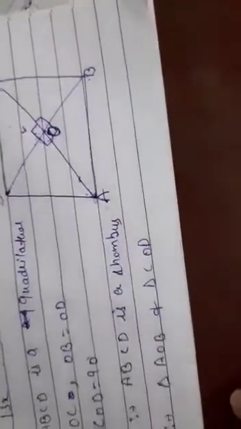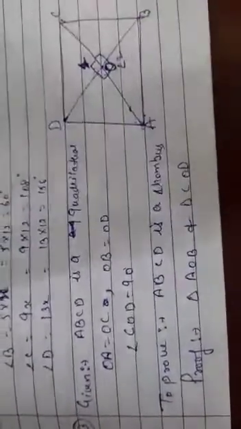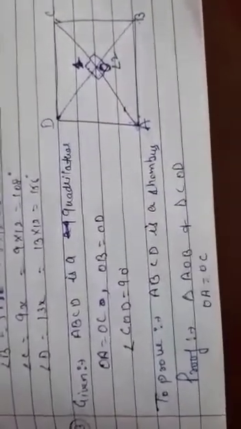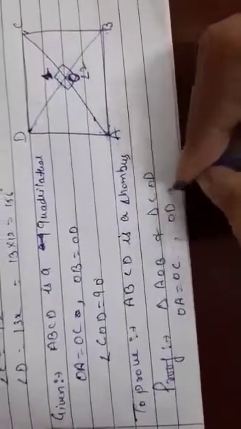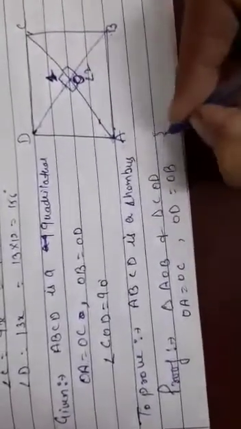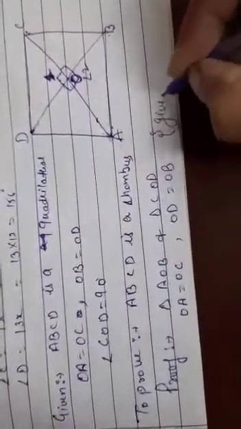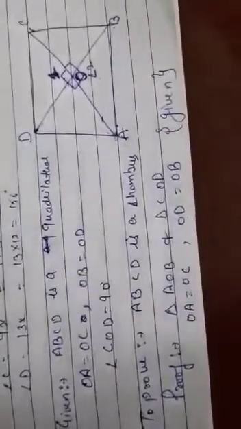First of all, we can say, in these two triangles AOB and COD, OA is equal to OC, that is given. OD is equal to OB, that is also given. So for both, the same reason is given.